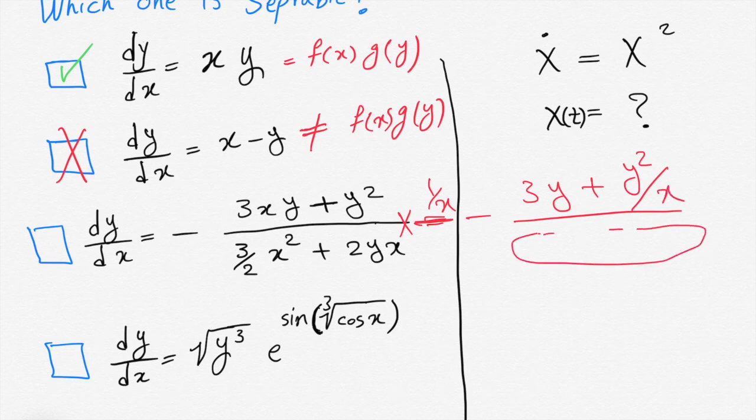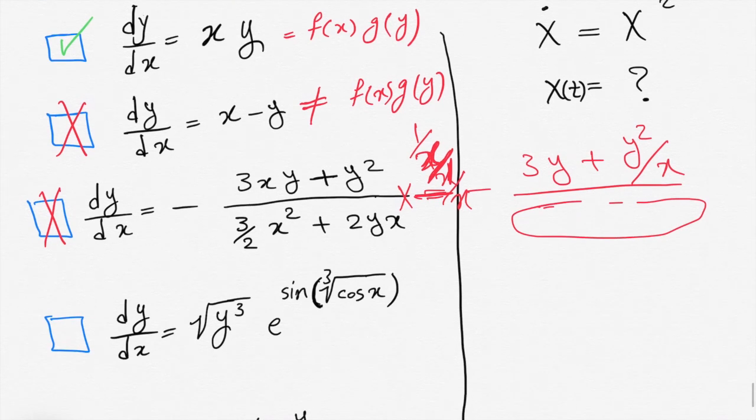But again it will be like y squared over x, and similarly you should write x over x, to make it 1. And then you will see 1 over x over 1 over x. It's not important, but in general you cannot again make it in the form of f of x times g of y. Therefore this is not a separable differential equation.